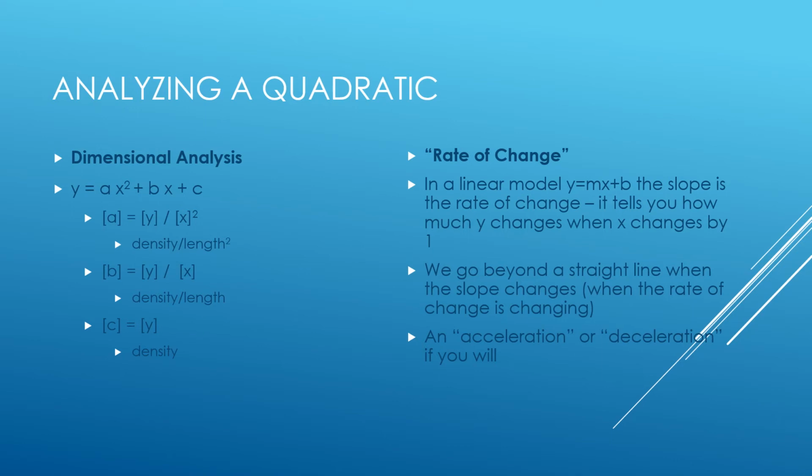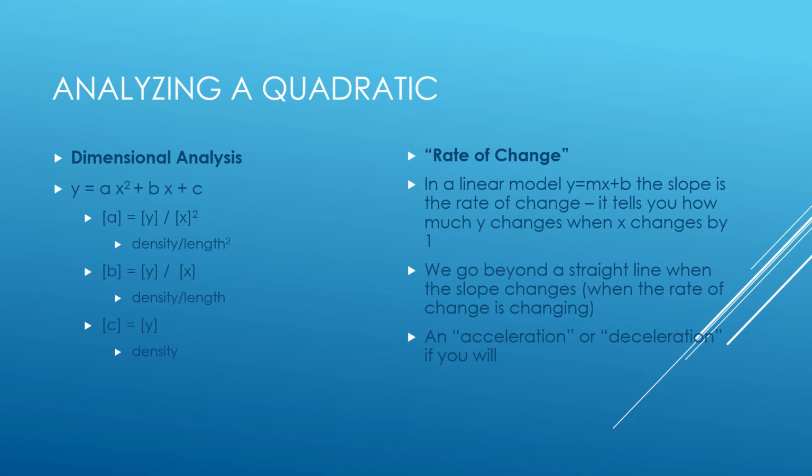First, the dimensional analysis. We have the form y equals ax squared plus bx plus c, where x is the independent variable, y the dependent variable, and a, b, and c parameters. Y will have some unit and x will have some unit. In the particular example we're considering, y had the unit of density and x the unit of length.